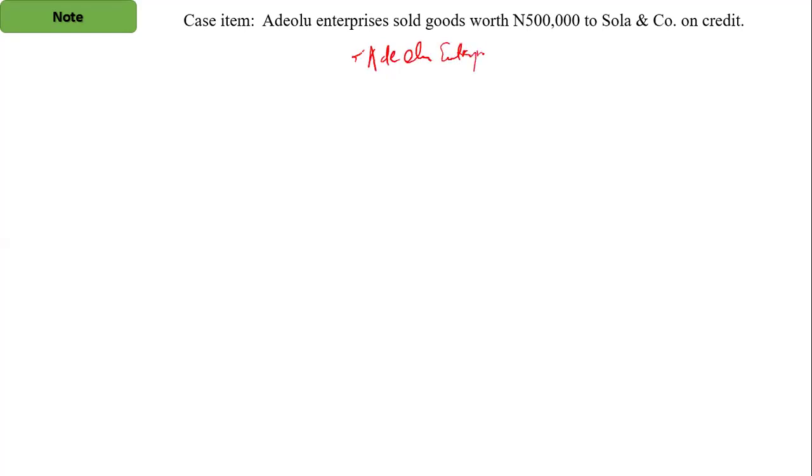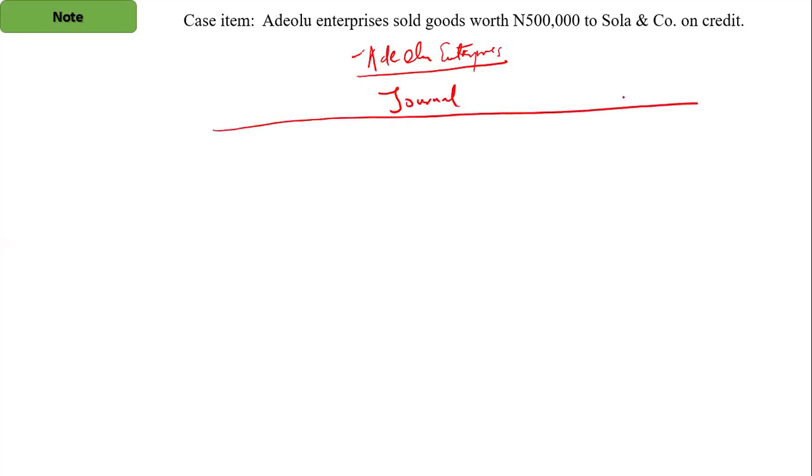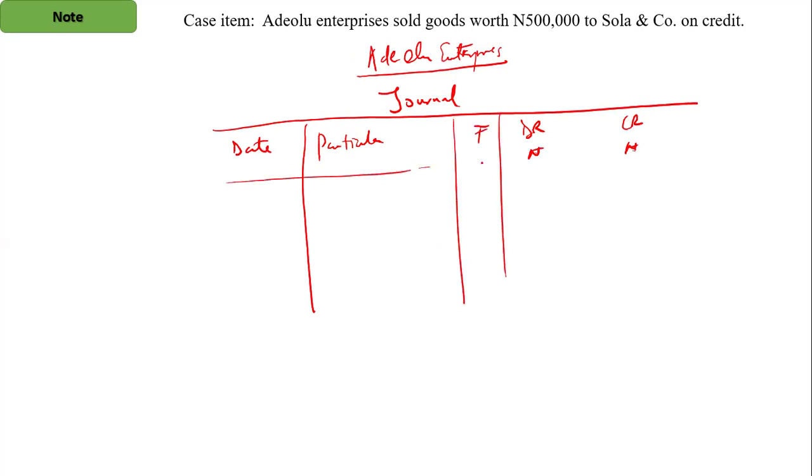When we talk about Ade Olu Enterprises, we have the journal. In our journal, we're going to have the date, the particulars, the account to be debited, the account to be credited, the currency in naira, and then the folio for referencing purposes.